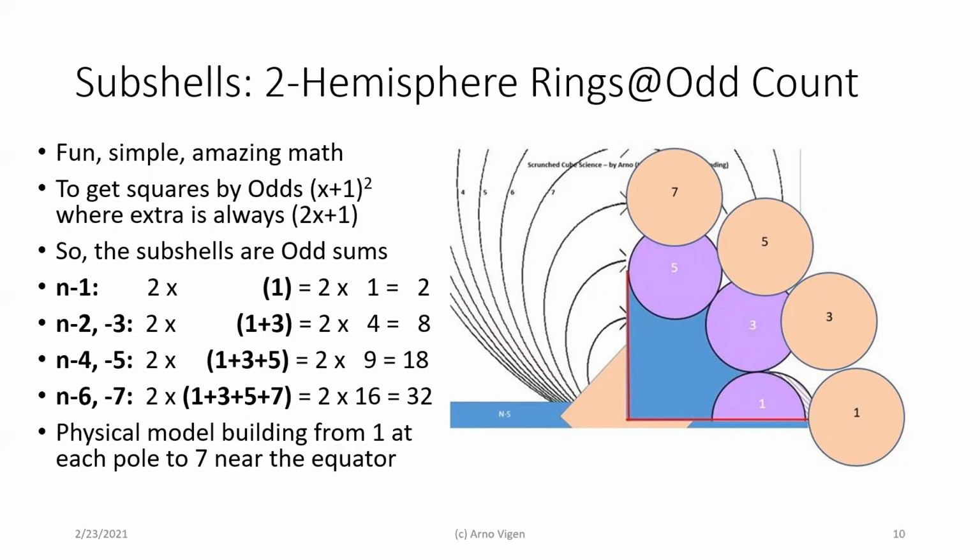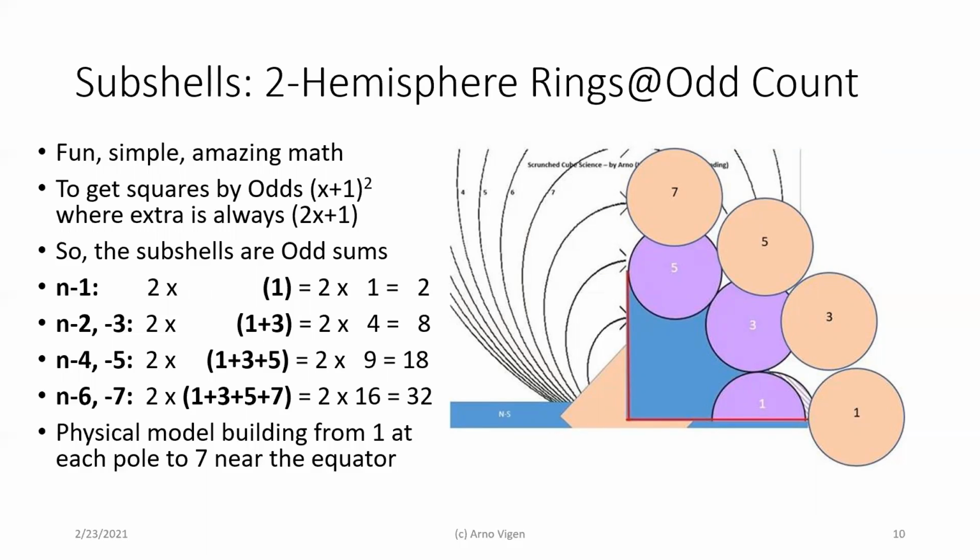Okay, so it's always an odd number. So that means the subshells are also built by squares, but also by odds. So when it's shell 1, you get 2 times 1 equals 2. But the funny thing is that for shell 2 and 3, 1 plus 3, the odds, is 4. And 2 times 4 equals the 8 in subshell 2 and 3.